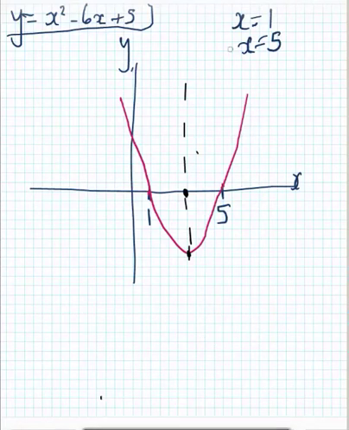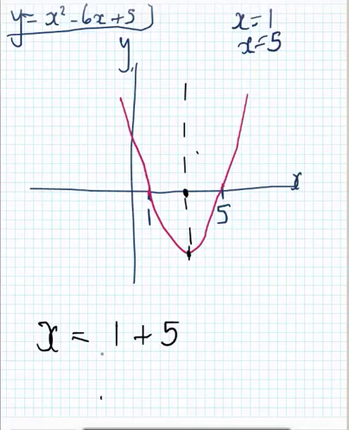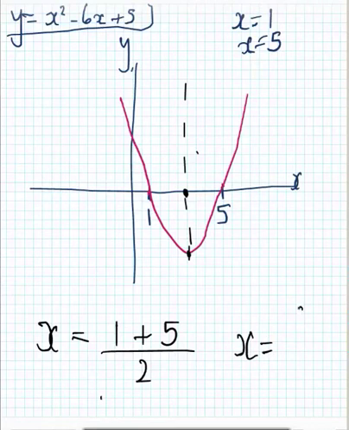So we write x. And the reason why we write x is because we're finding the x value of our turning point by finding halfway. So to find the average, we have a positive 1 plus a positive 5, and we just divide it by 2 because we have two scores. So x is equal to 1 plus 5 is 6 over 2, and 6 divided by 2 is just 3.